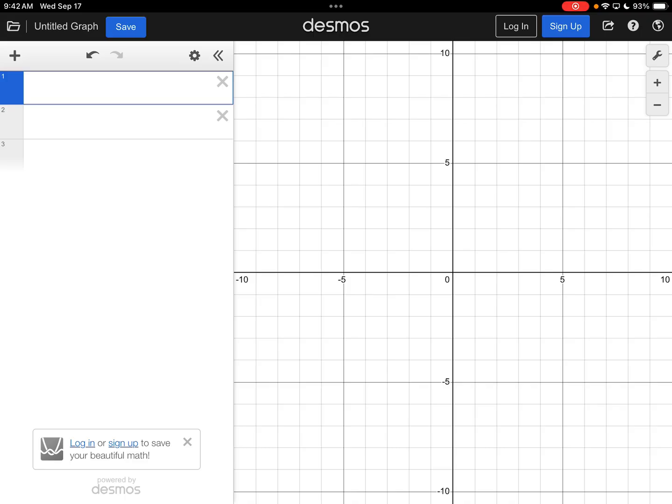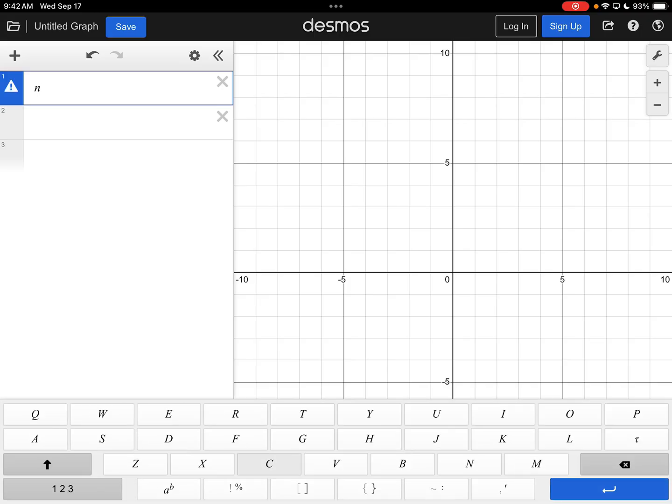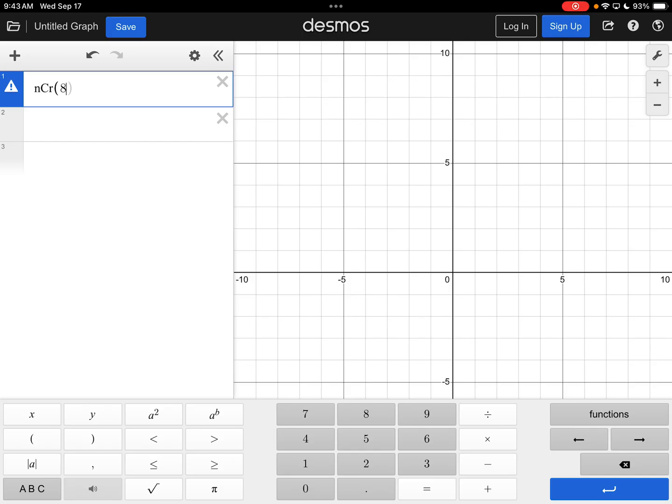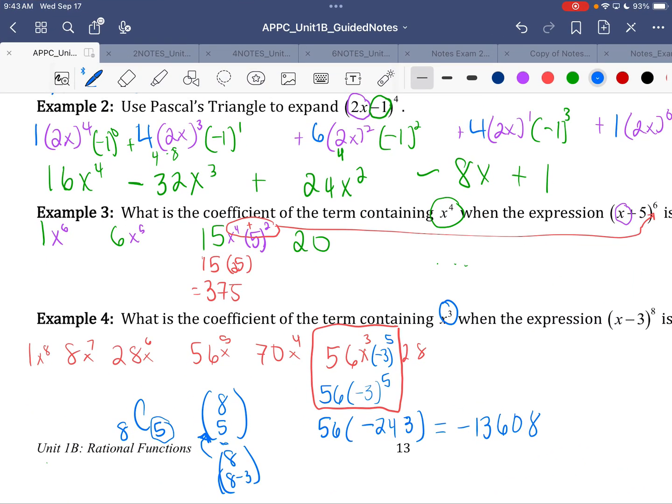Okay, I figured it out. So Desmos says you have to type it in N, capital C, lowercase r, and then put the ordered pair of N, comma R. Well, let's write that on our notes, if you were using a calculator.